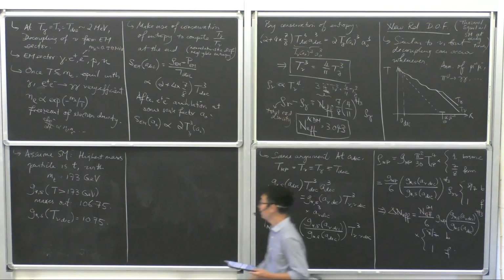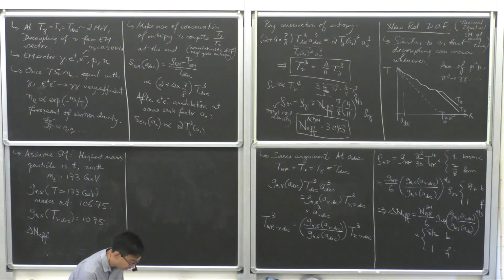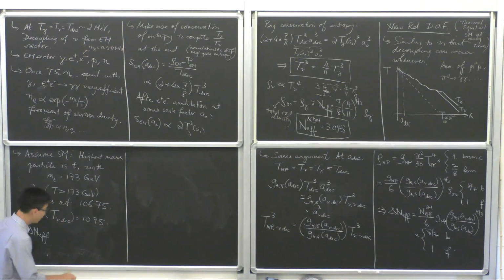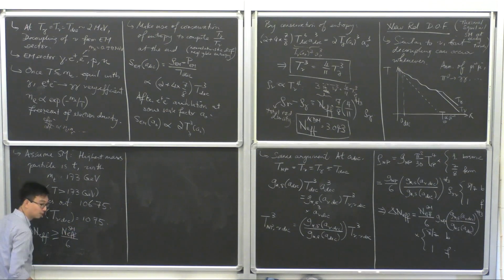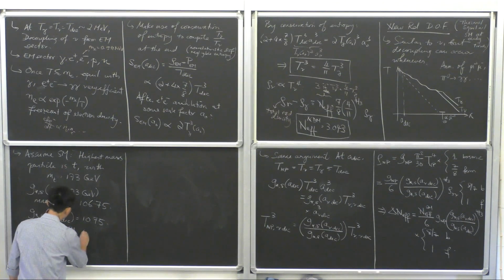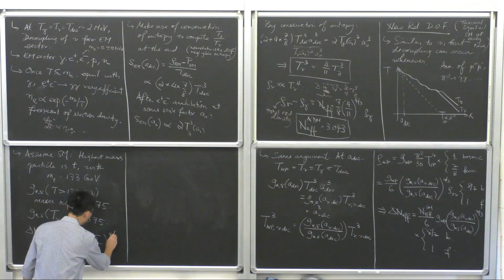Then I can say that actually delta N_eff that you would get from something that is thermal with the standard model, with no other particles except in the standard model, has to be greater than or equal to N_eff in the standard model divided by 6, and then it's something like 10.75 over 106.75 to the 4/3.